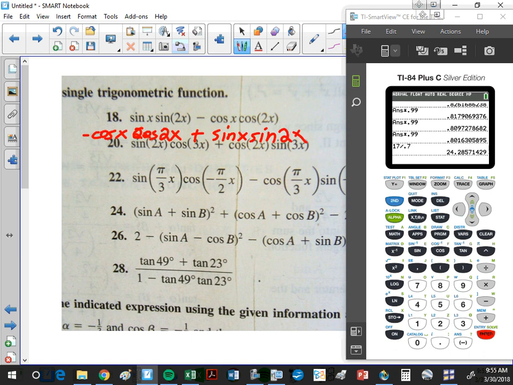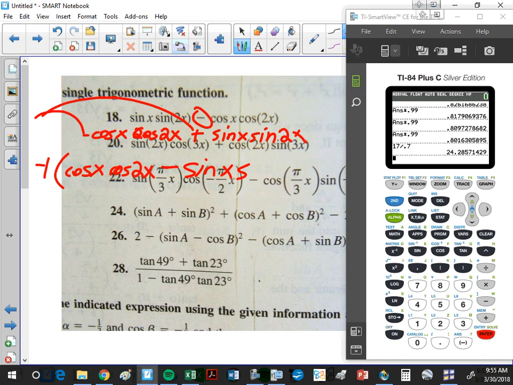or pull out a negative, right? We can't lead with a negative. So I'm going to take a negative out of both of those. And I get negative 1 times, it's right here. So the cosine of x, cosine of 2x, and then what will be in the middle? Minus the sine of x, sine of 2x.